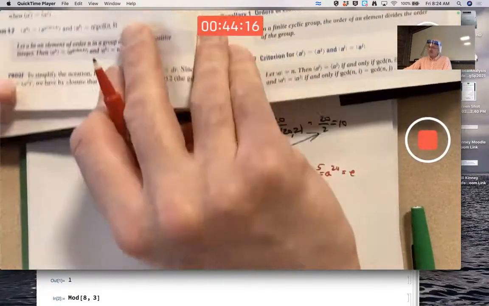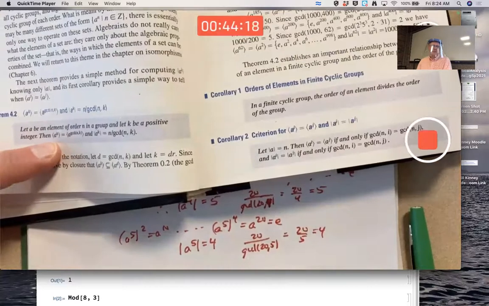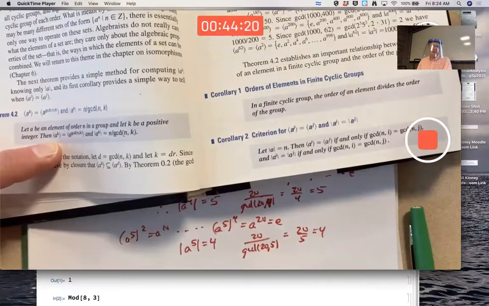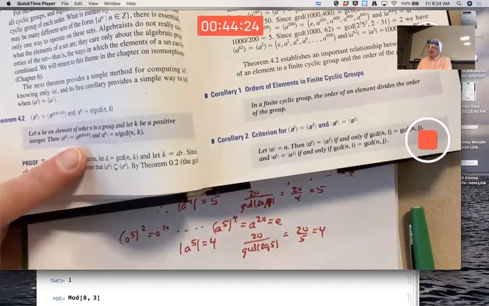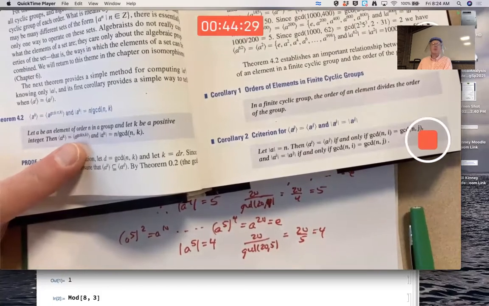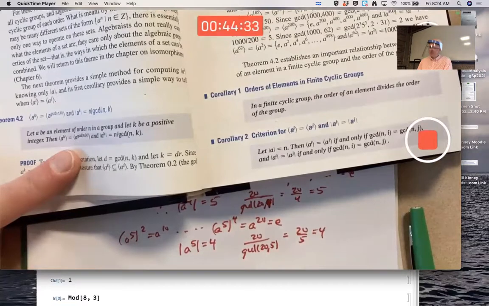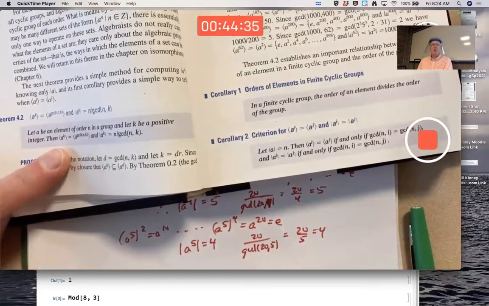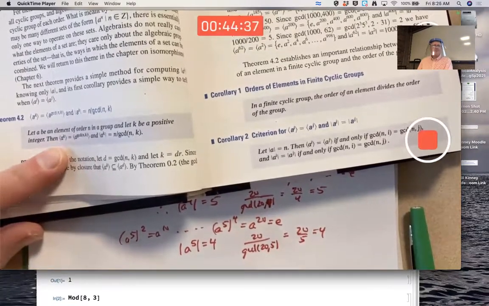What about this part of it? Why is the cyclic subgroup generated by a to the 4th, for example, when k is 4, the same as the subgroup for the GCD? Well, 4 is an easy case, since the GCD of 20 and 4 would be 4. More interesting is if k were 12.